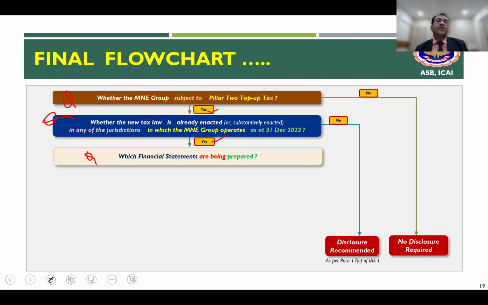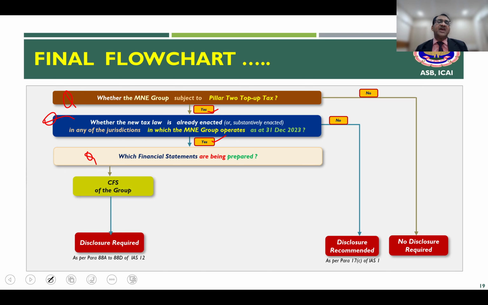Third question, which type of financial statement is being prepared? Is it consolidated, is it standalone or a subgroup? So for example, if it is the CFS of the group, then disclosure is required as per paragraph 88A to 88D of IAS 12, which are the newly inserted clauses in IAS 12.